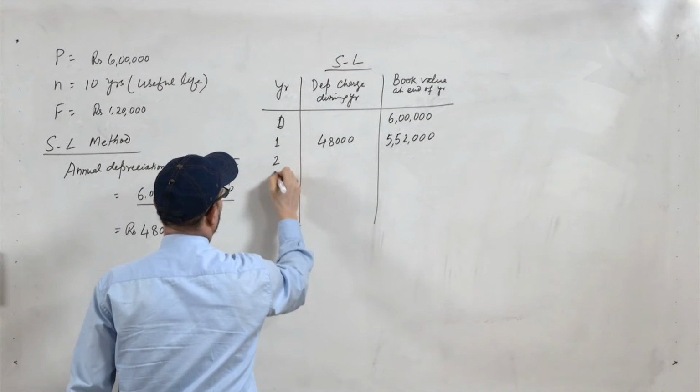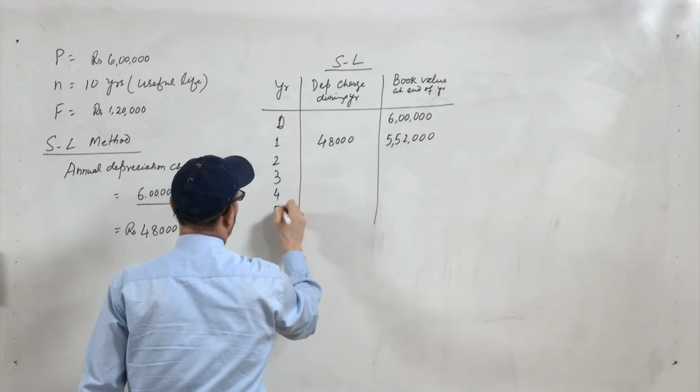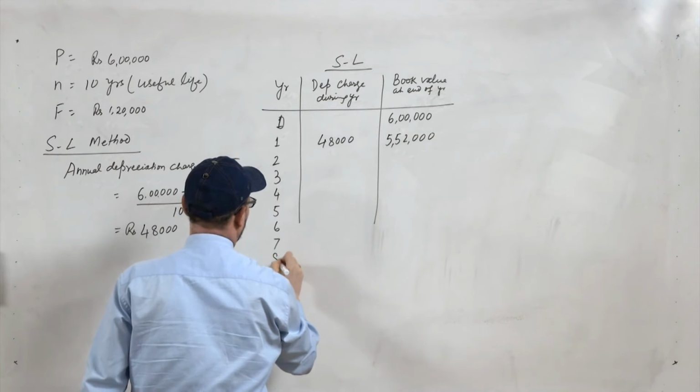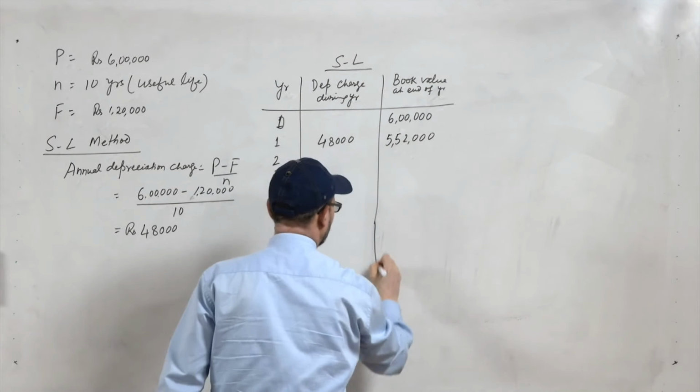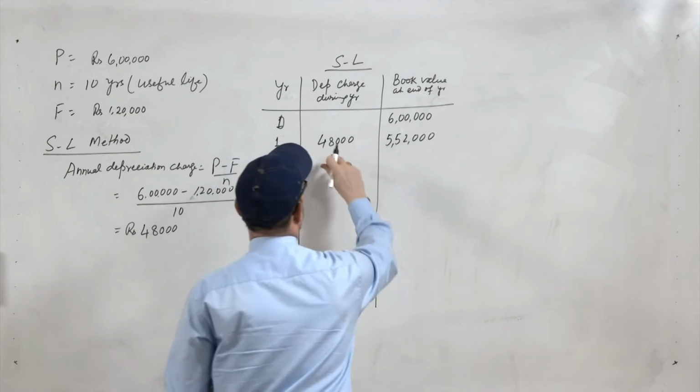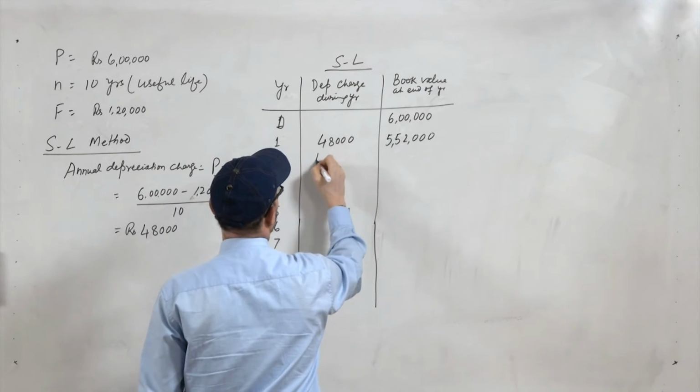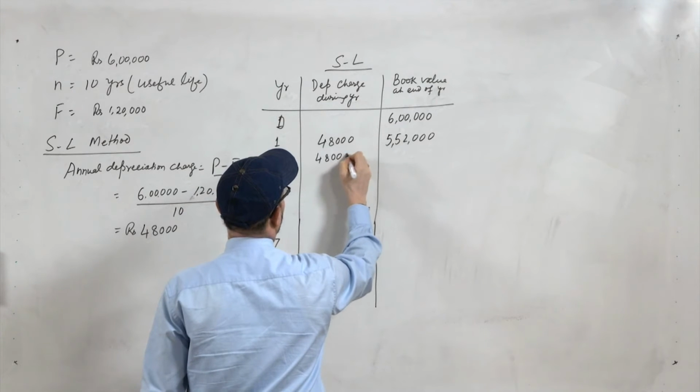So, this way we will go 2, 3, 4, 5, 6, 7, 8, 9 and 10. Every year the depreciation charge will be the same, 48,000.